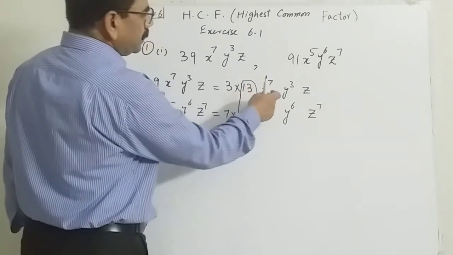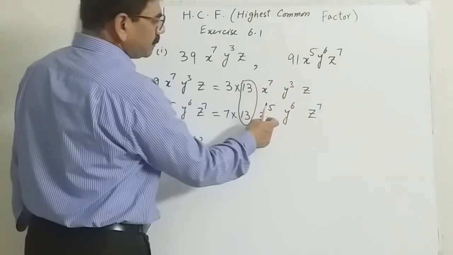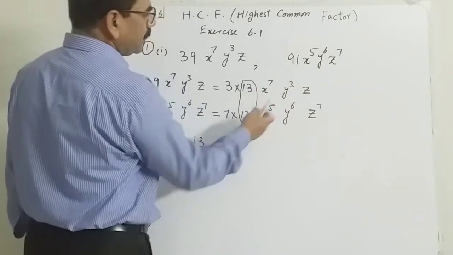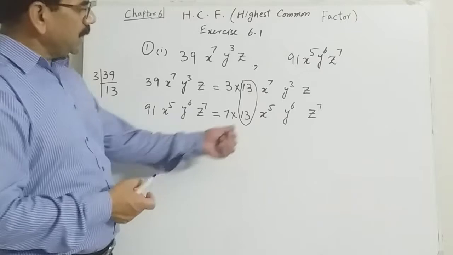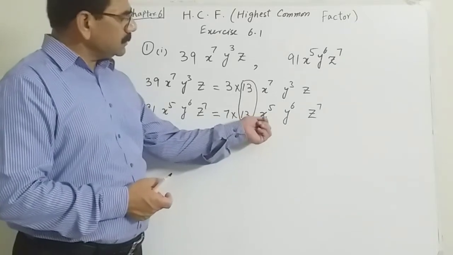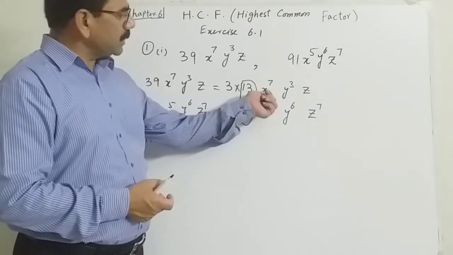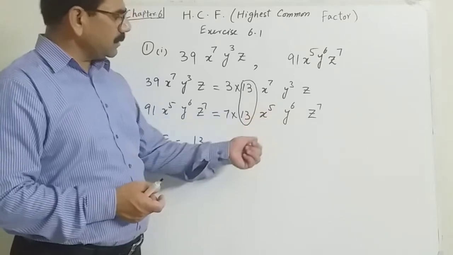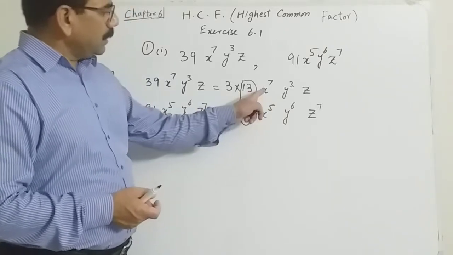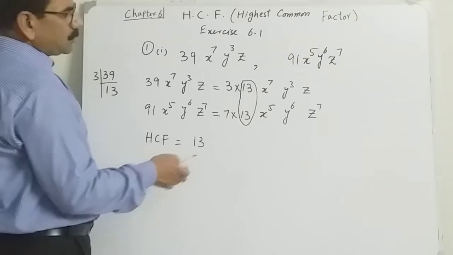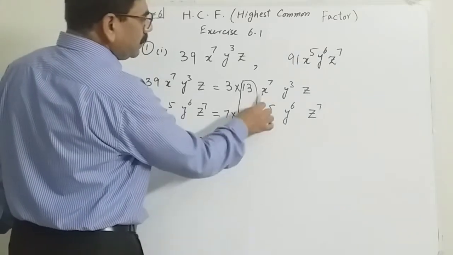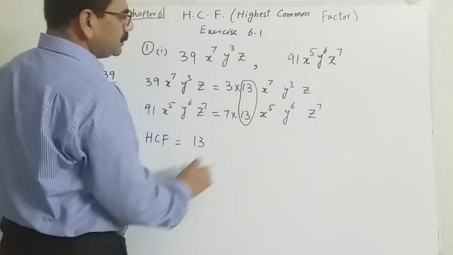Now the common factor between x power 7 and x power 5 is x power 5, obviously, because x power 5 is contained in both the terms, x power 7 and x power 5. It means that the common factor of highest power between x power 7 and x power 5 is x power 5.